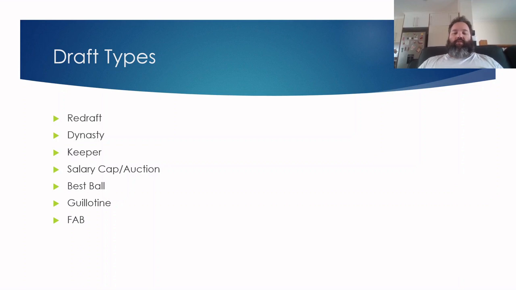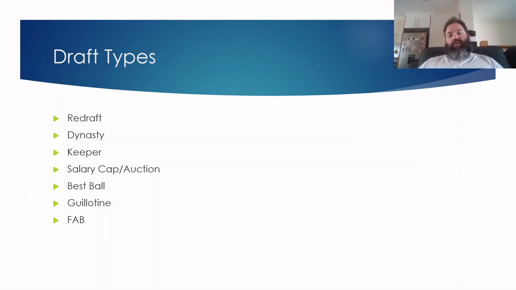So there's a lot of content at the moment around best ball drafts because a lot of the, I guess, quote unquote experts, they like to go in, do lots of drafts, build lots of teams, and then in this best ball format, they don't have to sit there and check updates and injuries for 700 teams or however many they do. They just set and forget. The computer calculates it all, and then they get their results at the end of the season. So if that's something that you wanted to look at, if you're a bit time poor during the season, best ball draft might be for you.